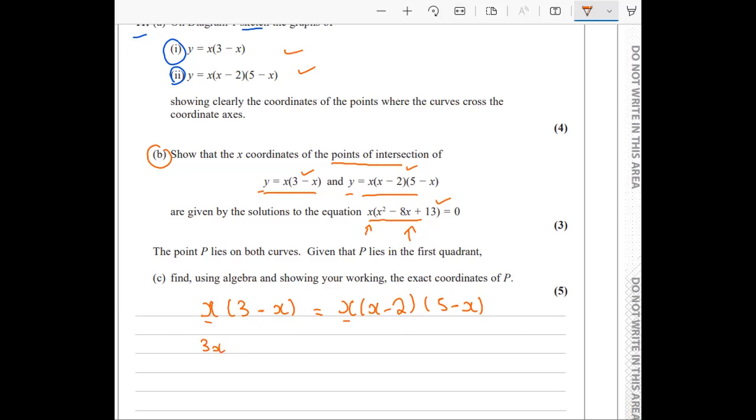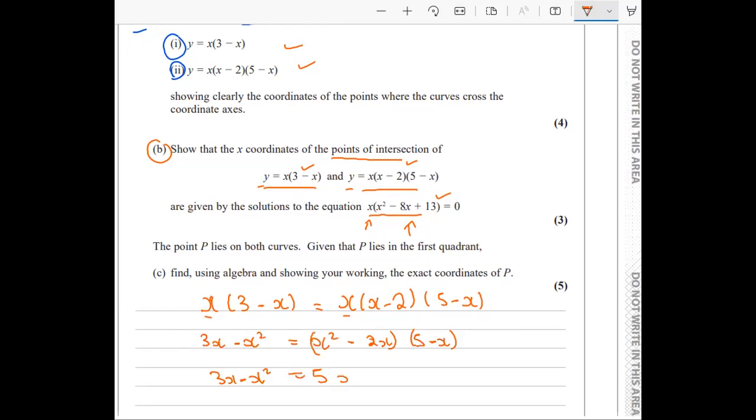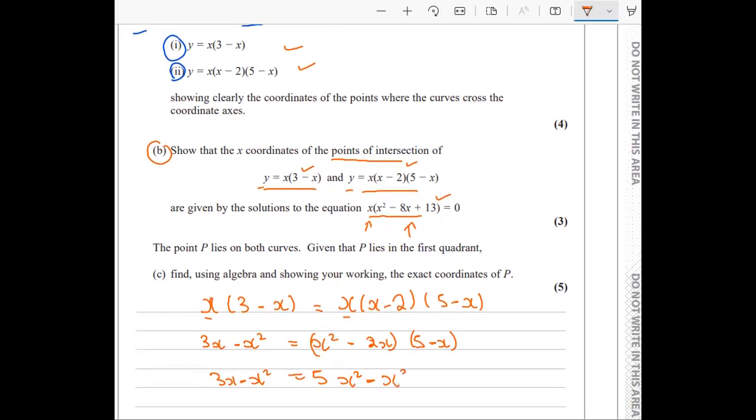3x minus x square equals x square minus 2x, and then we have another factor, that is 5 minus x. Then I have 3x minus x square equals x cube minus 10x plus 2x square... Okay.